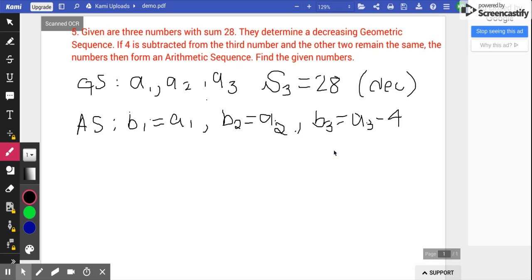Usually what I do for this is I start with the information that is really obvious, which is that the sum here is equal to 28. So what I would do is go ahead and say, okay, well, first we have the geometric sequence. And for a geometric sequence, generally we have that Sn is equal to A1 times r to the power of n minus 1 divided by r minus 1.